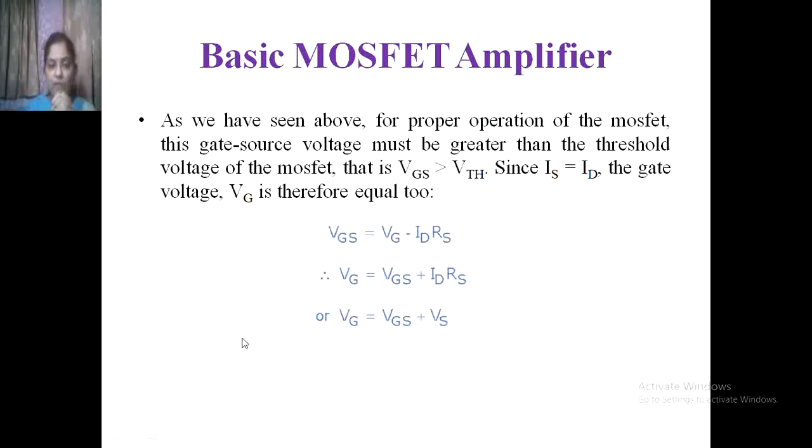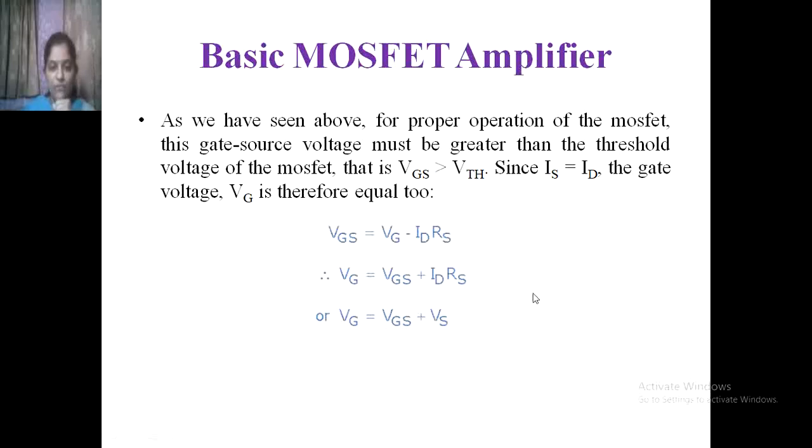As we have seen above, for proper operation of the MOSFET, the gate source voltage must be greater than the threshold voltage. So VGS is greater than VTH, since IS is equal to ID. The gate voltage VG is therefore such that VGS is nothing but VG minus ID RS. Rearranging, VG becomes VGS plus ID RS.